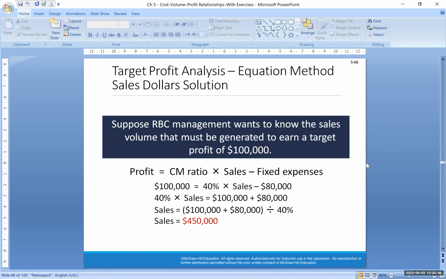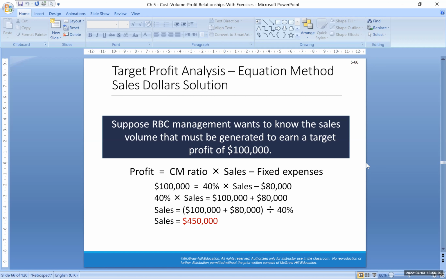The contribution margin ratio multiplied by the sales, and this will give you the total contribution margin in dollars, all minus the fixed costs. For our target, we need to get $100,000 as a profit.